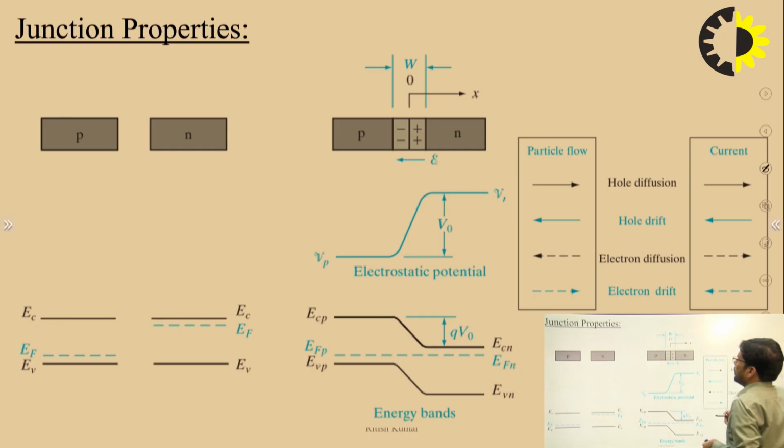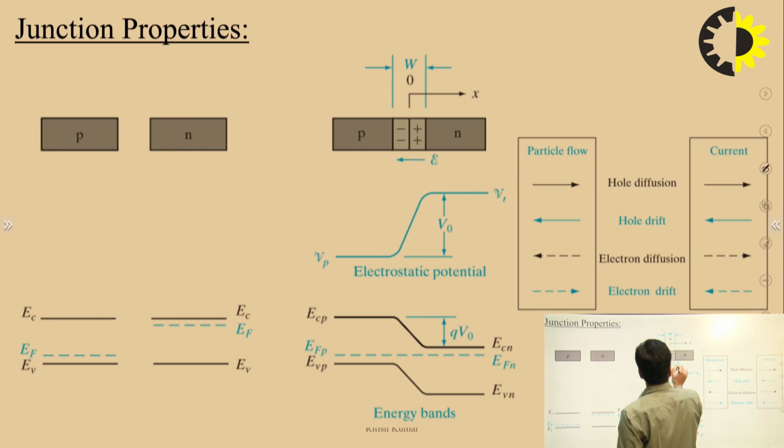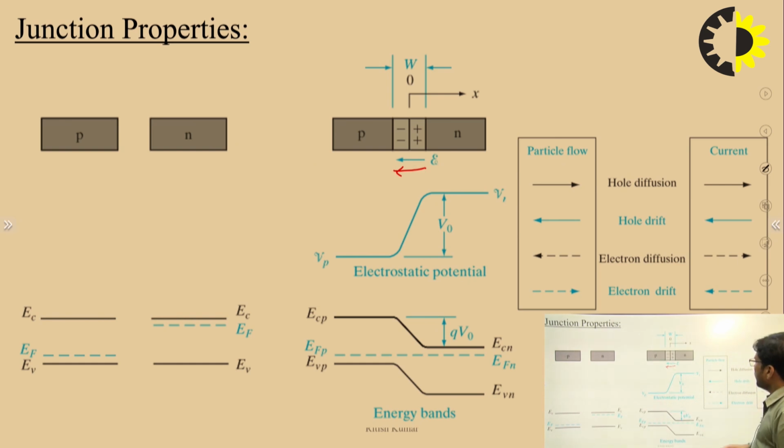In other terms, we can say these are the acceptor ions and the positives are the donor ions. So the electric field always lies from plus to negative direction. So the electric field direction is from plus to negative here, right? These arrows are showing the diffusion process and drift process.